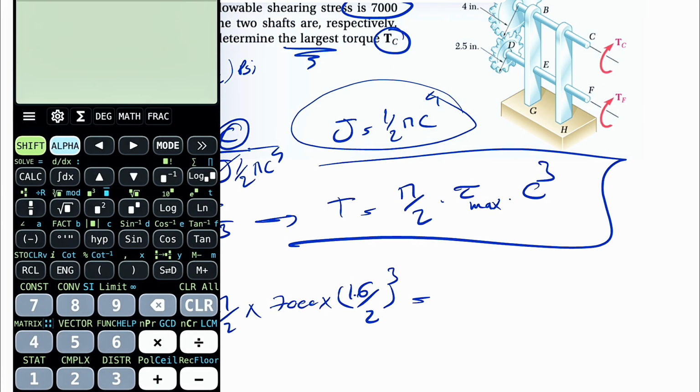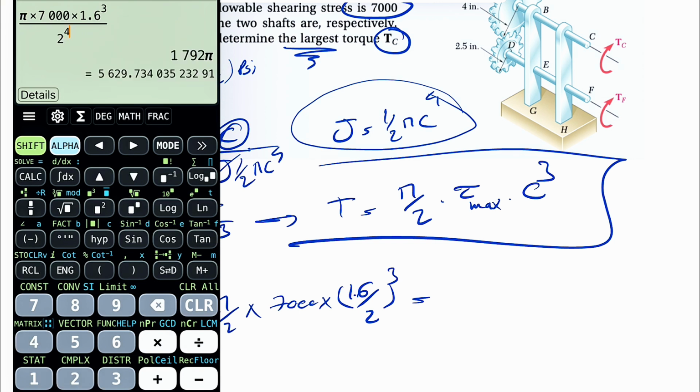Let's just calculate this. We have pi times 7,000 times 1.6 to the 3, and we have 2 to the 3 times 2, which is going to be 2 to the 4.